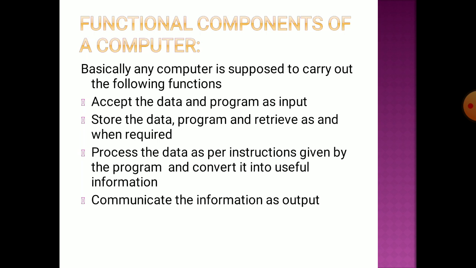That is called retrieve. It means the data is stored in your computer, we want to open and use that data, and when it is required, it should be available for opening the files. Done? So this is the second function of your computer.